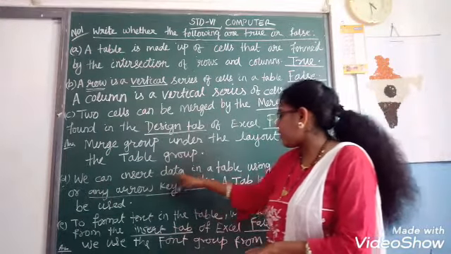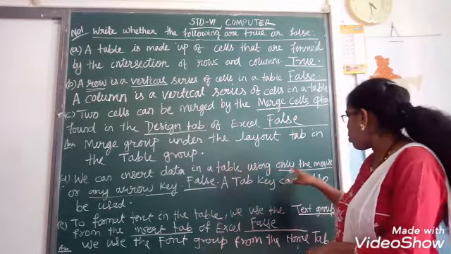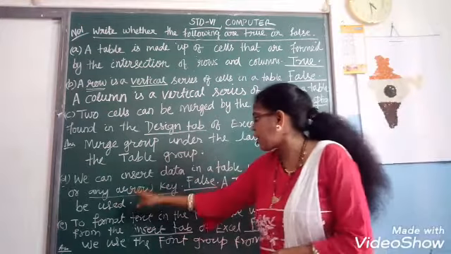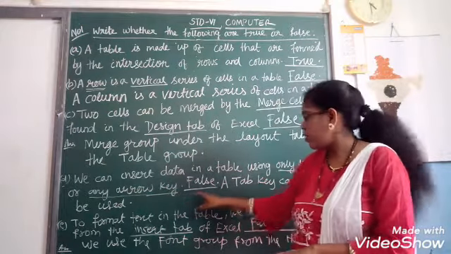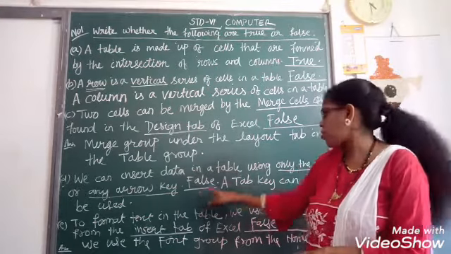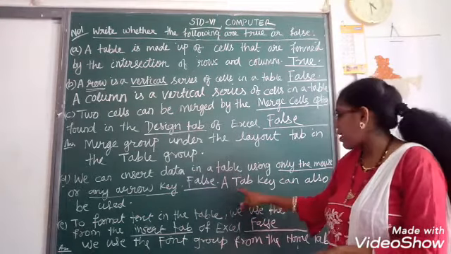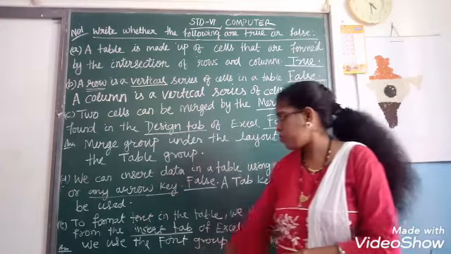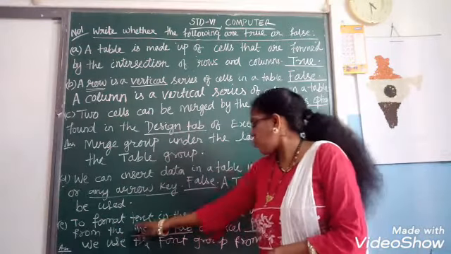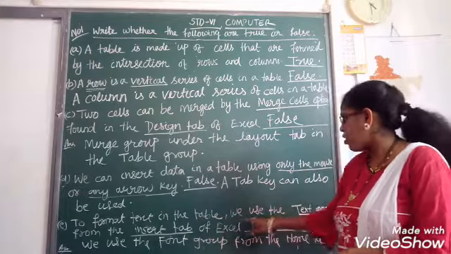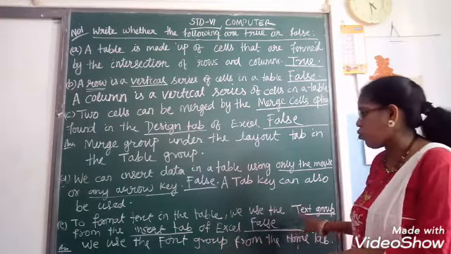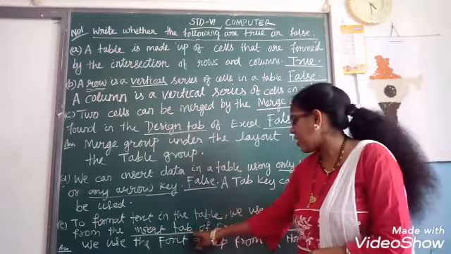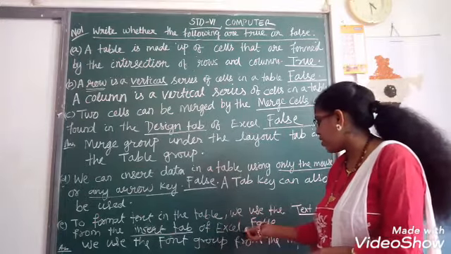Two cells can be merged by the merge cell option found in the design tab of Excel. It is false. Two cells can be merged by the merge group under the layout tab in the table group. We can insert data in a table using only the mouse or any arrow key. It is false. A tab key can also be used. To format text in a table, we use the text group from the insert tab of Excel.